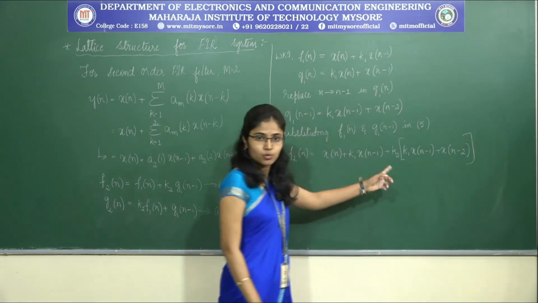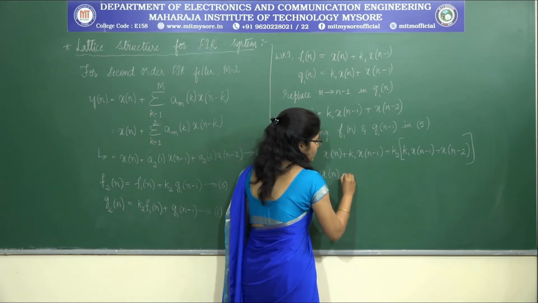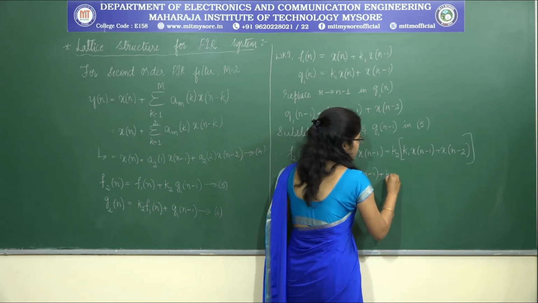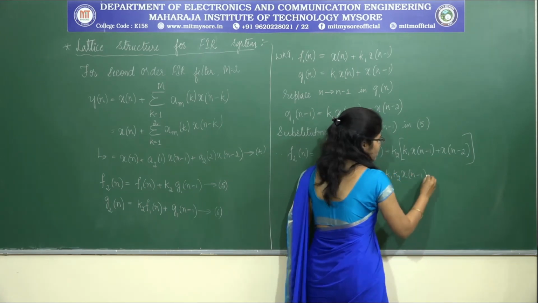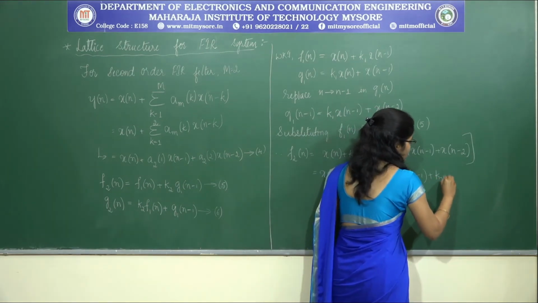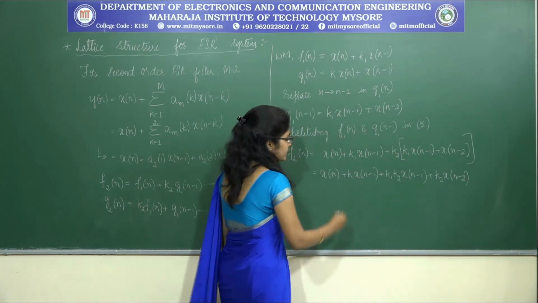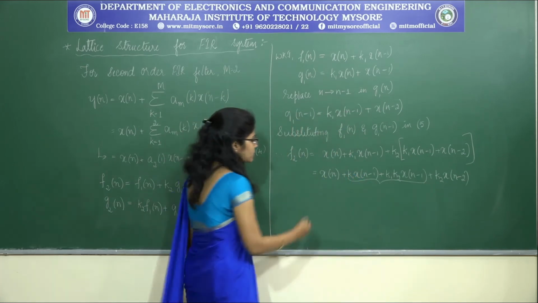Now let us multiply k2 inside the bracket. So if I multiply, x of n plus k1 x of n minus 1 plus k1 into k2 into x of n minus 1 plus k2 into x of n minus 2. Now in these two terms I can take x of n minus 1 as a common factor.